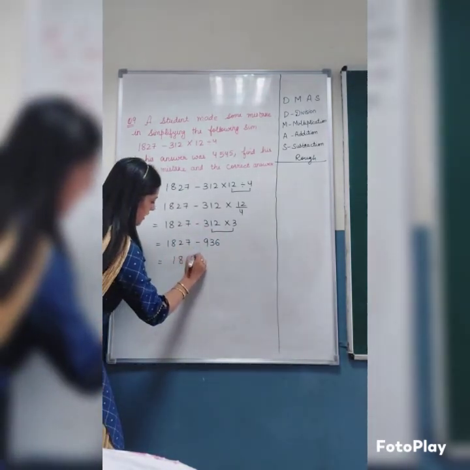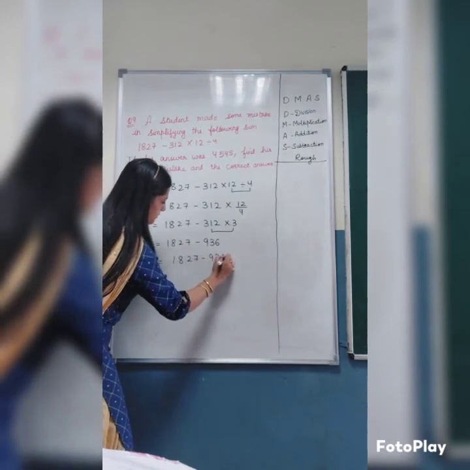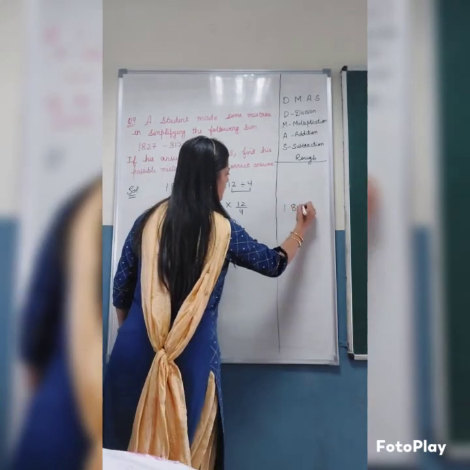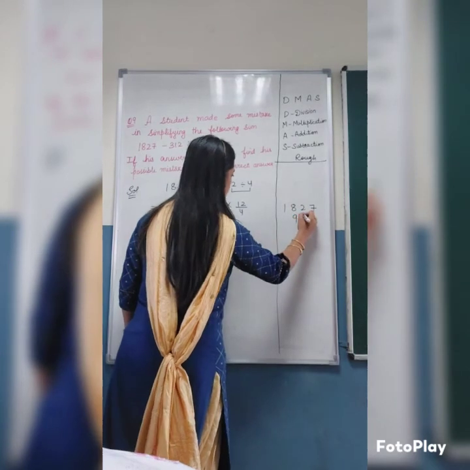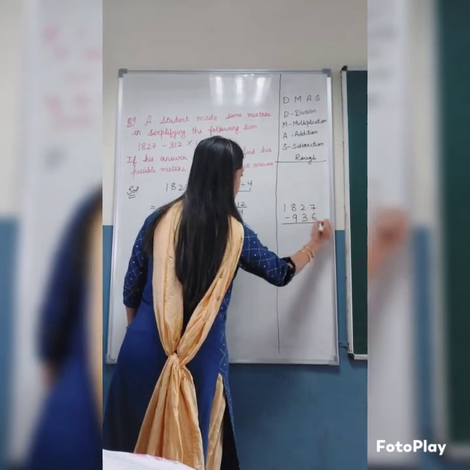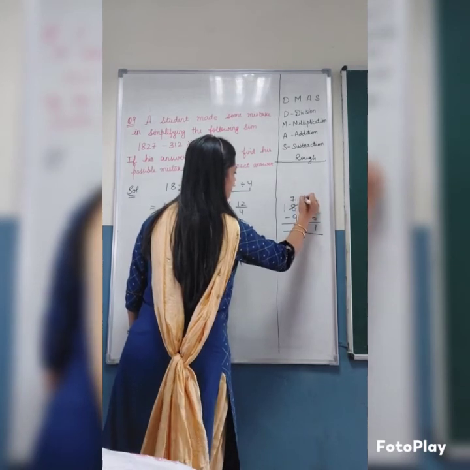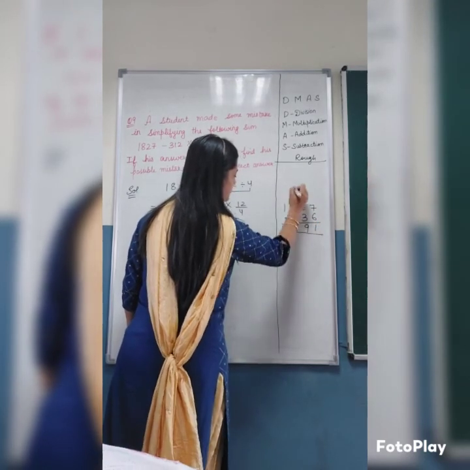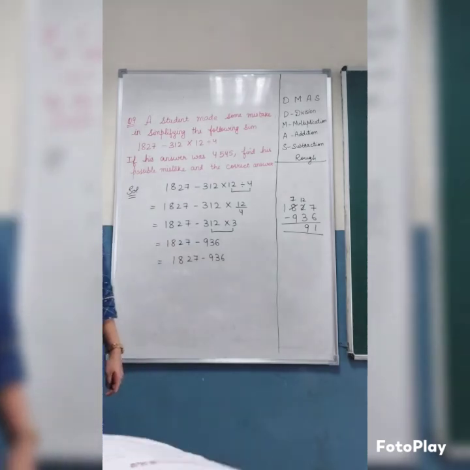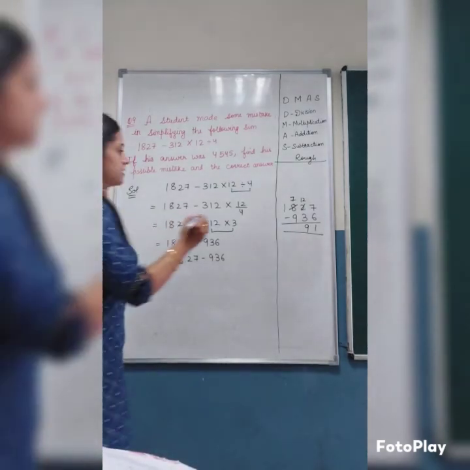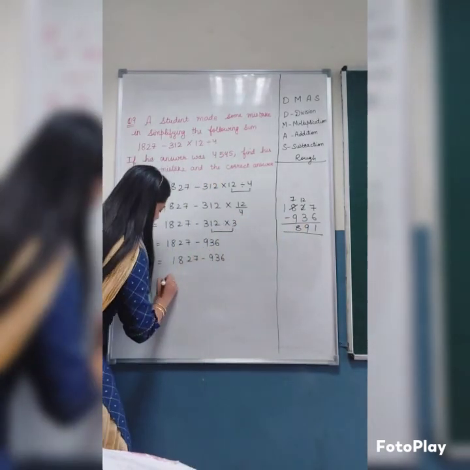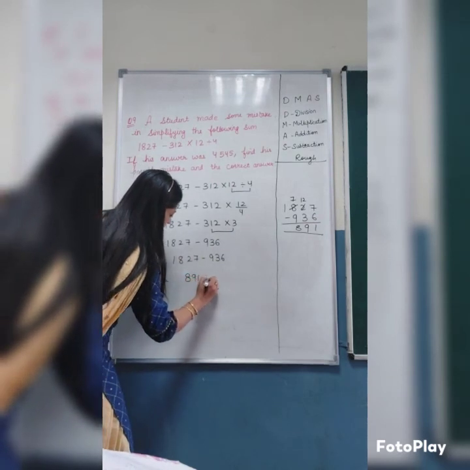Now we have to subtract 936 from 1827, and we get 891 as the correct answer.